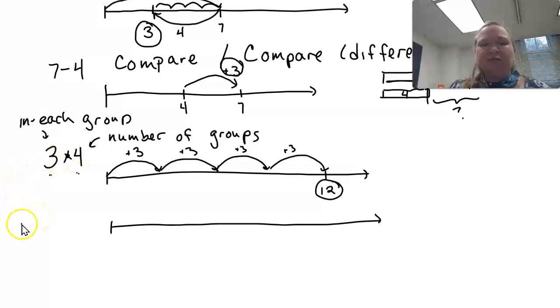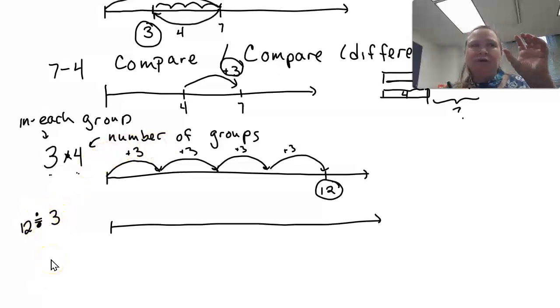And for division, I'm going to do 12 divided by the amount in each group. Now when I do 12 divided by 3, I can be thinking of 12 divided into 3 groups, or I can do 12 divided into groups of 3.